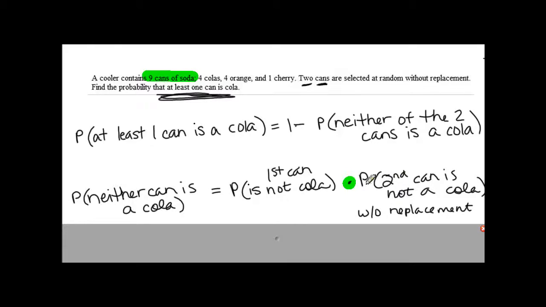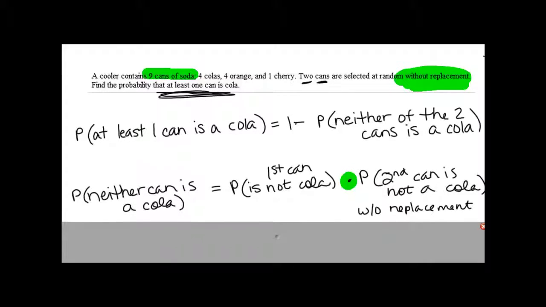So it is a compound probability, or a probability of compound events, which we multiply the probability of those 2 events occurring. So the first one would be the probability that the first can is not a cola, and the second can we select would not be a cola, but we were given information that we want to consider this without replacement.